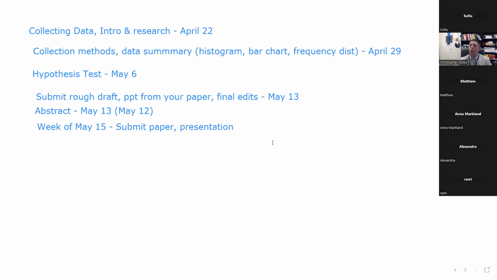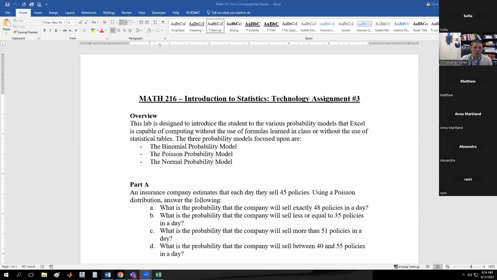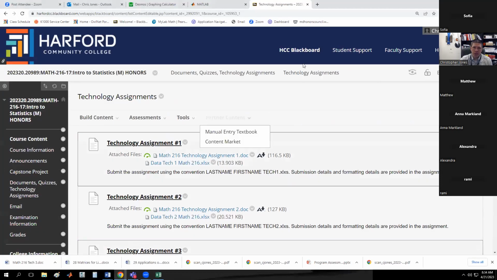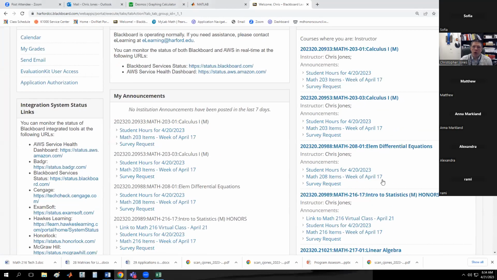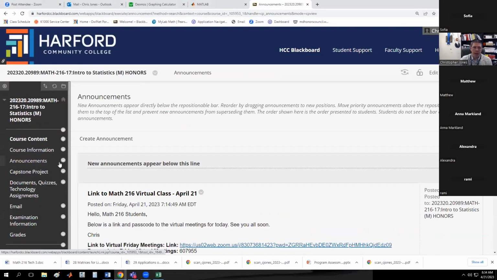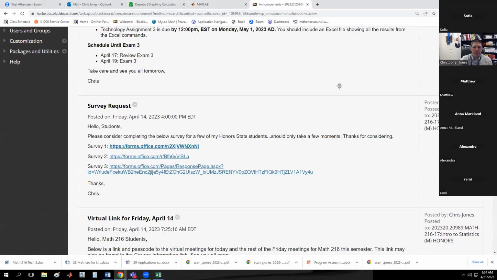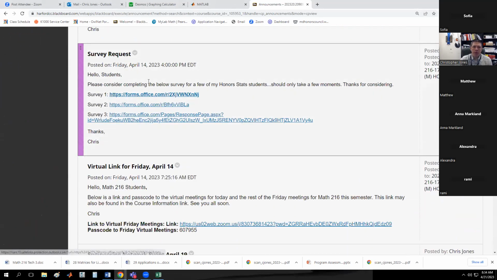One last thing. I do know several folks are having a bit of difficulty collecting data, so I want to make sure you're helping your peers out with this. For those of you that haven't done this, go to the announcements page, scroll down a little bit, and I have 3 forms. It's on one of the posts from April 14th.